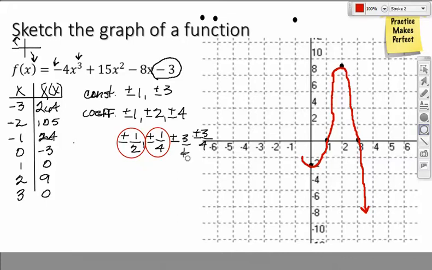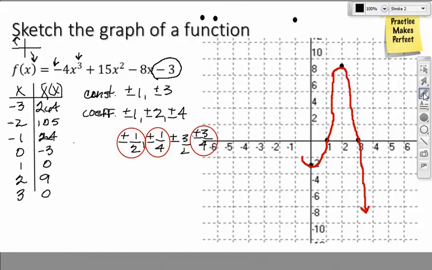Now, 3/2 is not between, so I know that's not one of my choices. So what I'm doing right now is cutting down how much work I've got to do. That's exactly what I'm doing. And we know that 3/4 is 0.75. So I'm going to start with the half, and then I'm going to do the quarter, and then I'm going to do the 3/4.